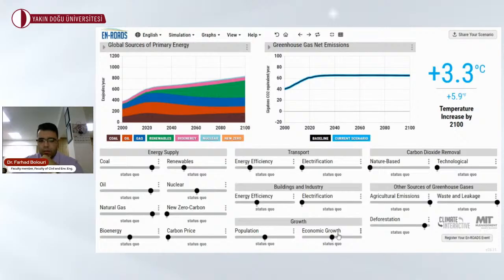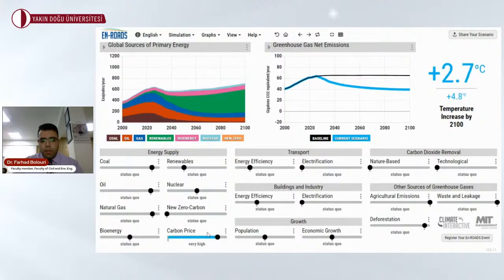I said about economic growth and, for example, these gases. You know, when we increase carbon price, what we did before in United States of America, in Europe, they are doing nowadays. They increase carbon price. With this policy, as you see, it is a very good policy, and we have so many decreases here, and it is so good if you see it the first time.